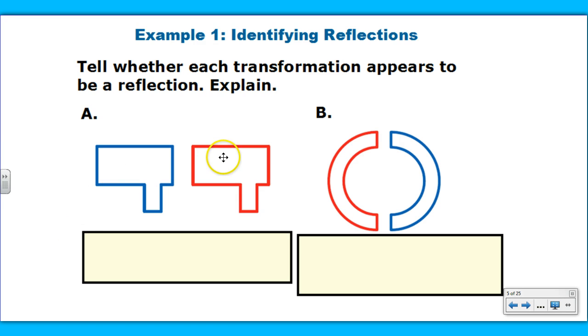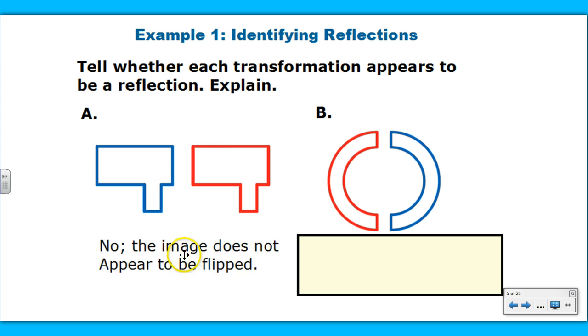So figures A. Let's say the pre-image is blue, the image is red. Is this a reflection? Is there a way we could draw a line and show that each point from A is equidistant to that line in image B, or the red image, right? And you can see it is not.